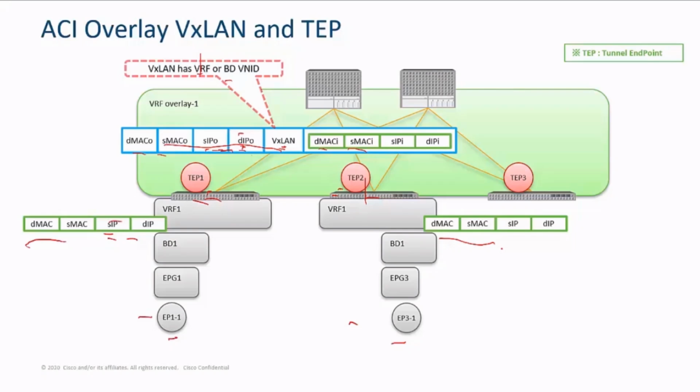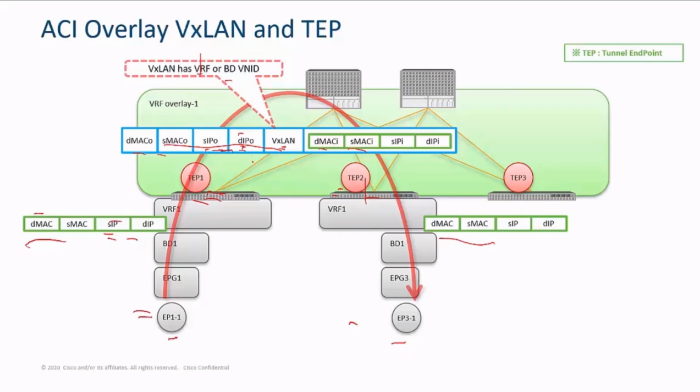Now, in this example, I covered a packet walk for the same subnet. If they are on different subnets, it pretty much works the same way. Obviously, the destination MAC would be the gateway MAC instead. When endpoint 1.1 sends the traffic, it's going to be the MAC address of the gateway that resides on leaf 1.